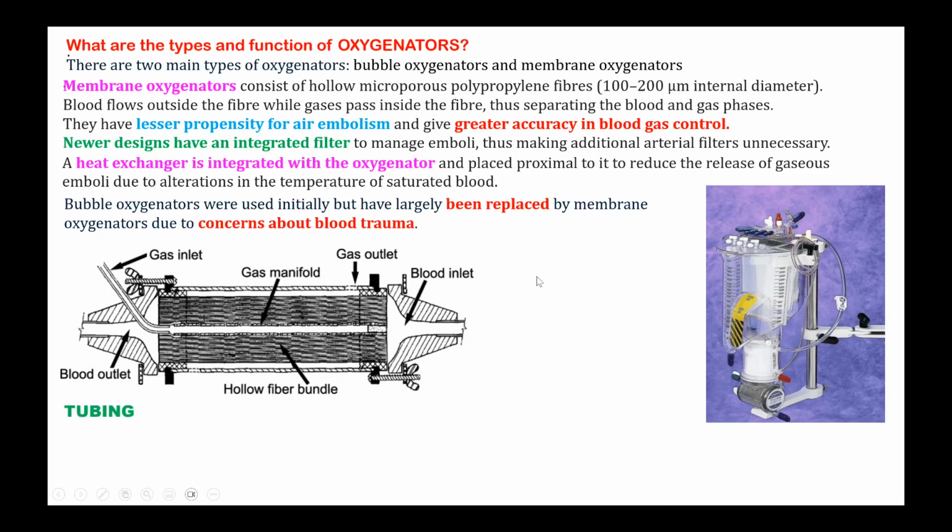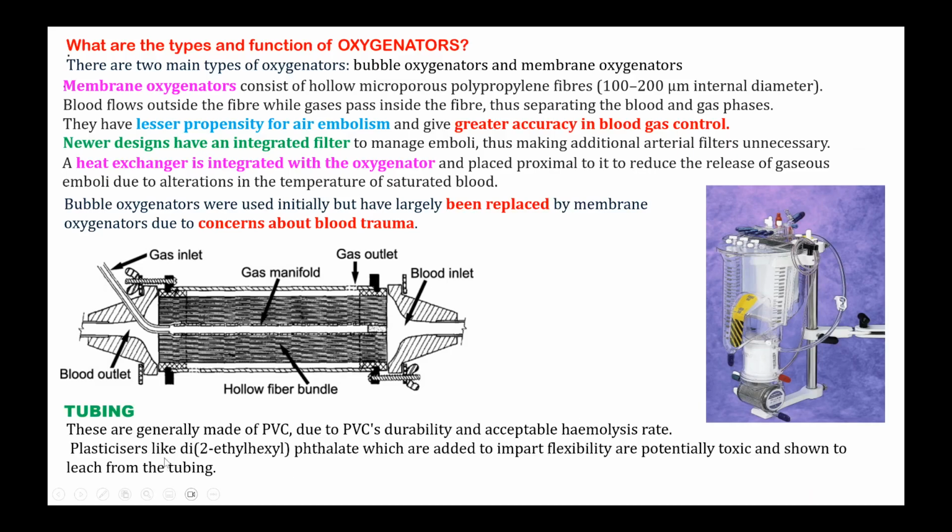Now from the cannula, the blood is drained with the tubings. These tubings are also made up of PVC, and PVC has durability and an acceptable hemolysis rate. Even though some hemolysis will occur, it is not enormously high.